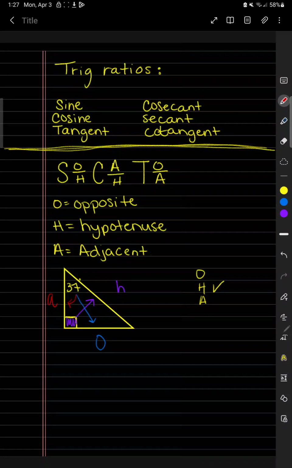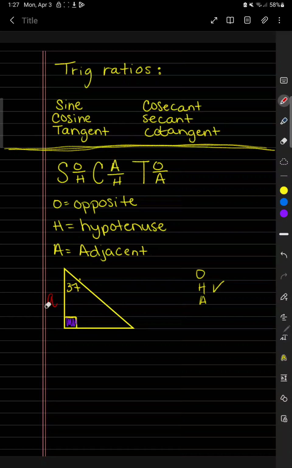So hypotenuse is its own side by name. The other side is adjacent, the one that's right next to it. Not always to the left of it, it could be to the right of it, as long as it's not the hypotenuse. So opposite is across, adjacent is next to, and hypotenuse is right across the 90 degree box.